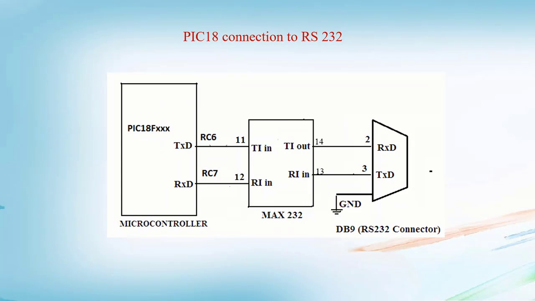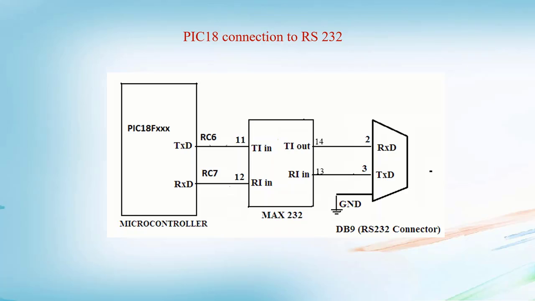Next, PIC18 connection to RS232. A diagram shows the connection between the RS232 and the microcontroller, and RS232 is connected to the computer. PIC18 has two pins that are used specially for transmitting and receiving data serially.